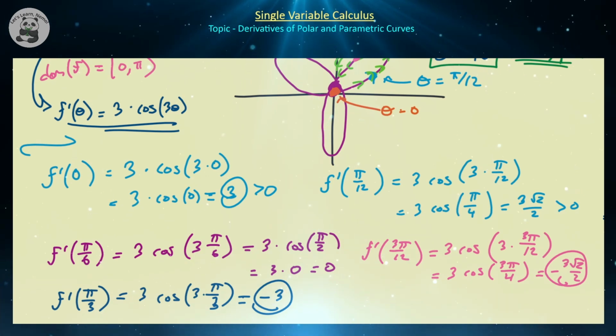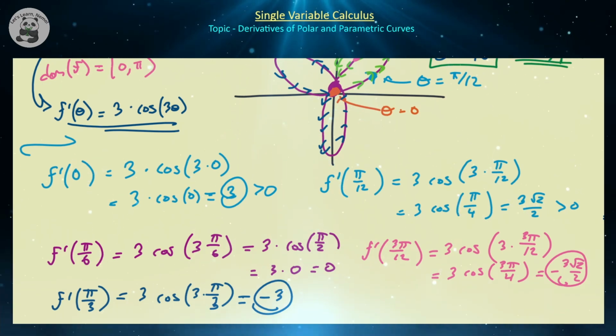So minus 3 typically would mean that we're moving closer and closer to the origin, right? But if we move slightly outwards instantaneously, we're going to be moving farther and farther, and then eventually closer and closer, and then farther and farther, and then closer and closer, and this is going to repeat every pi units. So that practically matches our intuition in terms of what the derivatives of functions of theta represent.